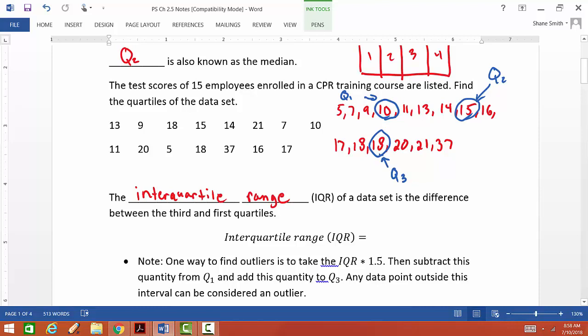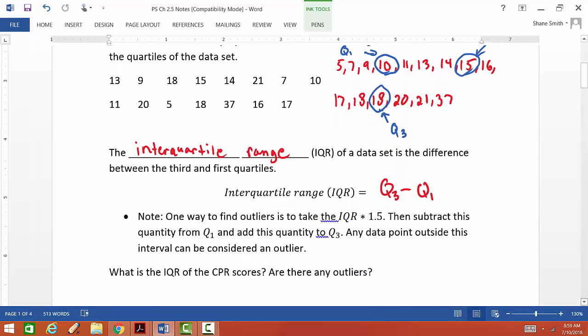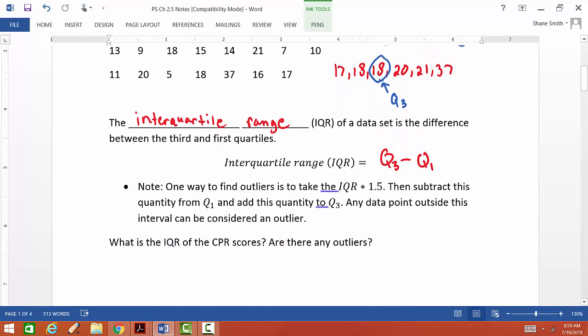Well, the interquartile range is the difference between the third and the first quartile. So if I take Q3 and subtract Q1, that is what we call the interquartile range. And you can use this interquartile range as a rule to find outliers. And this bullet point describes how you can use the interquartile range to find outliers.